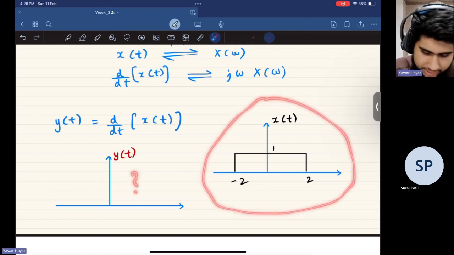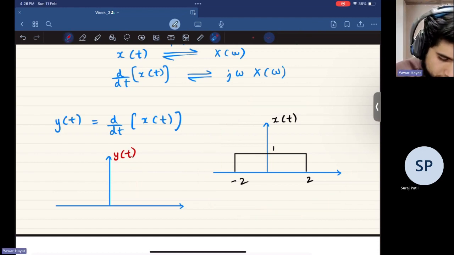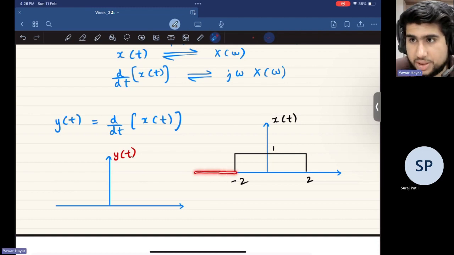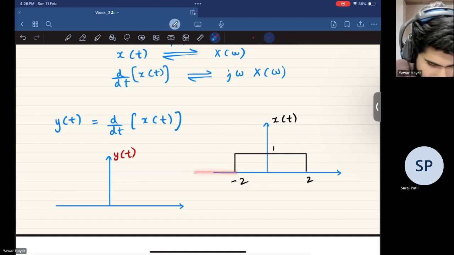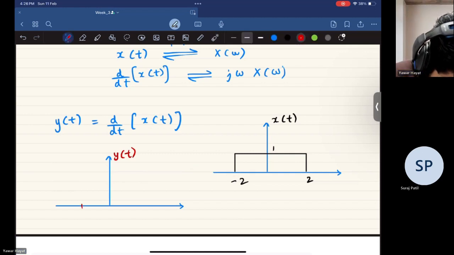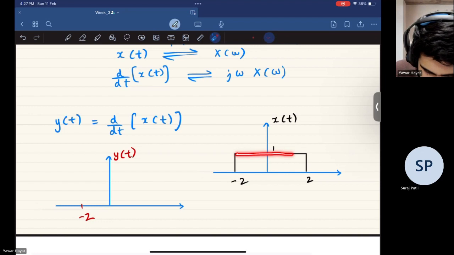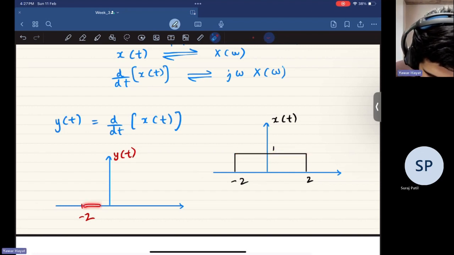What would this be? Notice it is 0 from minus infinity to minus 2, a constant 0, right? So readily you'll say that this derivative will also be 0, regardless of whether this had been a 0 or a constant. And this constant part would again be 0 till this point.